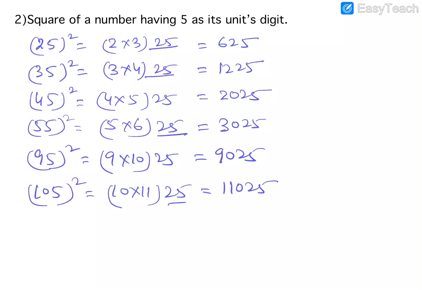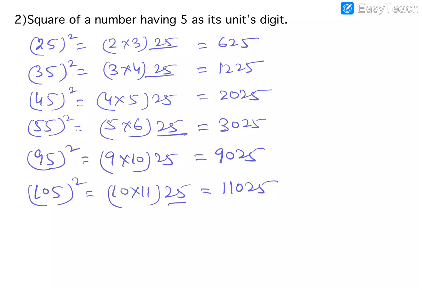Now next method, square of a number having 5 as its units digit. This method is applicable for the numbers whose ones digit is 5. Suppose we want to find out the square of 25, 35, 45, 55, 95, 105 and so on.